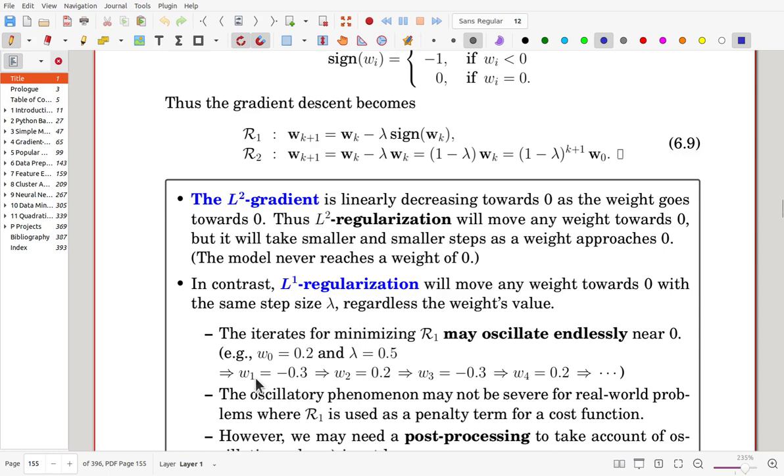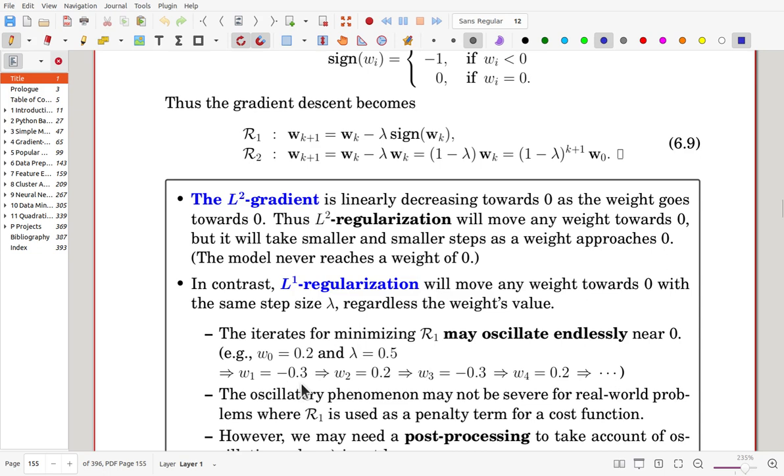Then W1 will be 0.2 minus 0.5 times the sign of W0, which is 1, which makes minus 0.3.